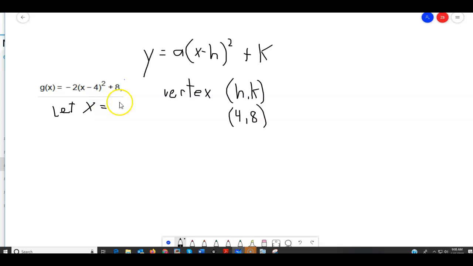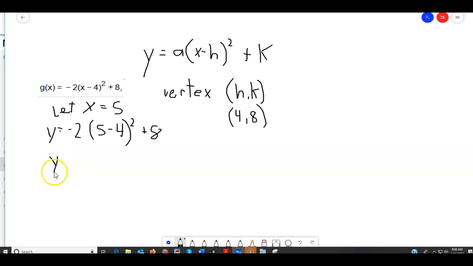Then if I put this back in here, y is equal to -2 times (5 - 4) quantity squared plus 8.